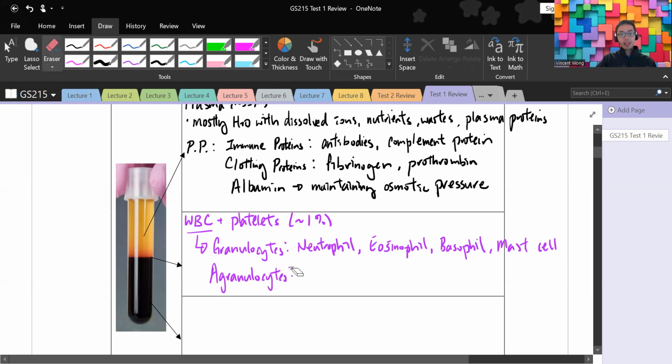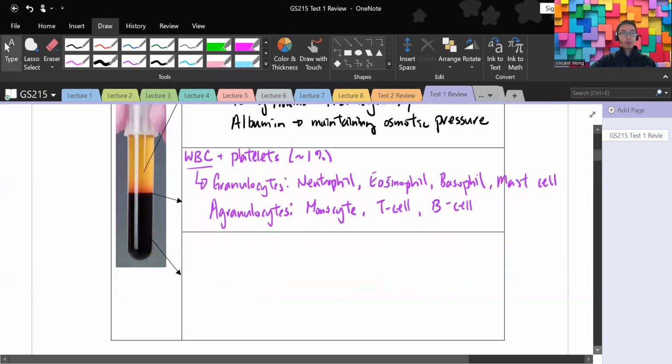Anybody have the list for me? B cells, T cells, yeah. And then what's the other one? Monocyte. Monocytes, very good. So monocytes can become macrophages. There are T cells, which have many different types, as you know, and B cells as well. So these are cells where you can see the visible granules, and these are the cells where the granules are not visible under the microscope.